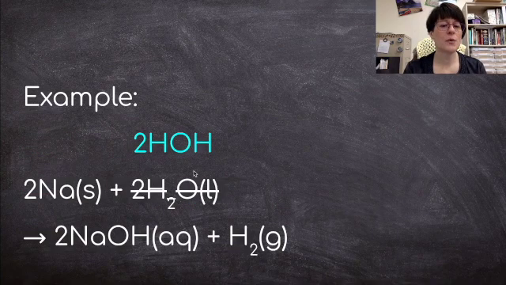Now, for this reaction, one helpful thing to see this switching out would be to write this as HOH, because over here we have the OH. And so then you can clearly see that the sodium and the hydrogen switch places. So you can draw a double arrow between the sodium and the hydrogen because they are switching.